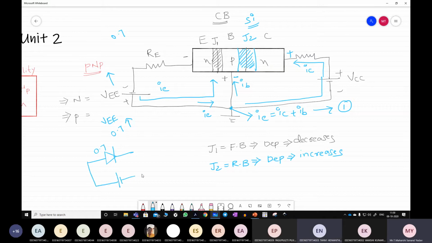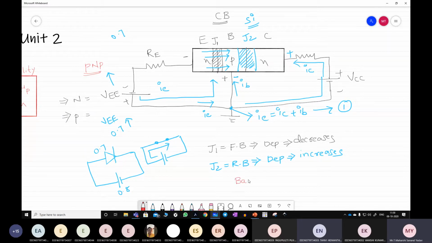When I apply a forward bias voltage greater than 0.7, what will happen to the diode? Short or on? It is short circuited, so there will be a flow of current. Here also the same thing will happen. If it is increased beyond a certain point, the majority carriers present in the emitter will enter into the base. Now what will happen in the base?